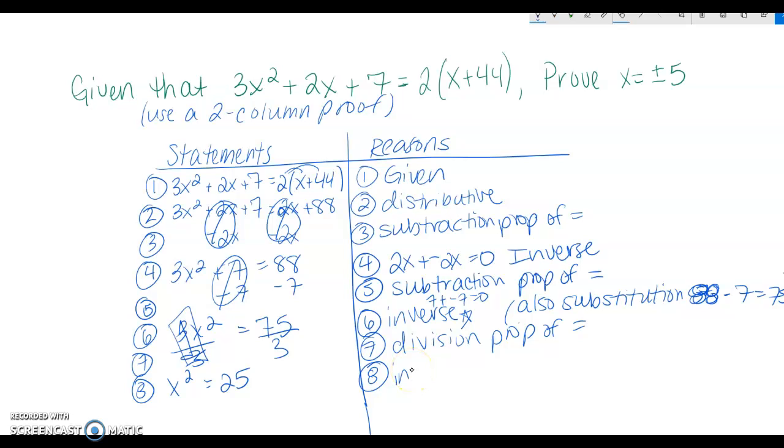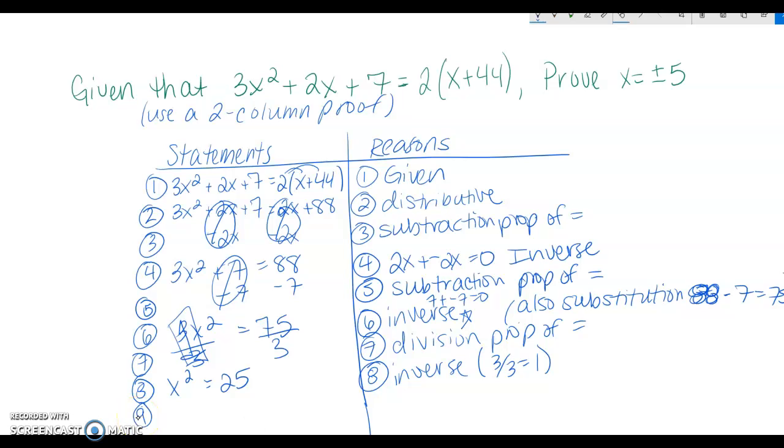So we're technically using inverse there. But we're also using substitution again. 75 divided by 3 is 25. All right, so now I guess there's technically 2 more steps we could squeeze in.